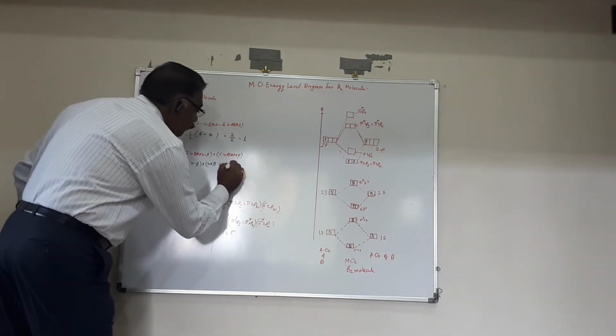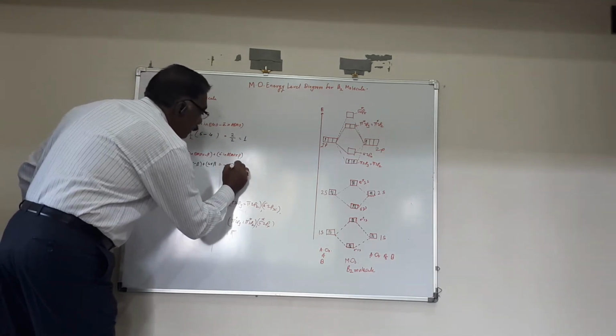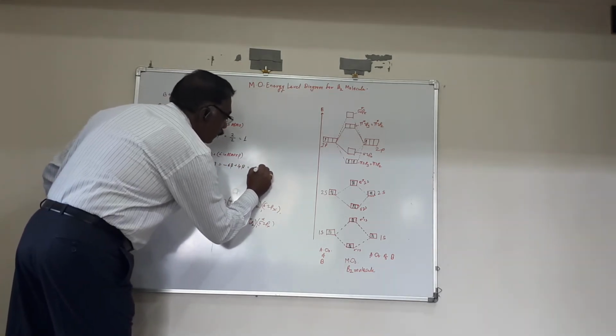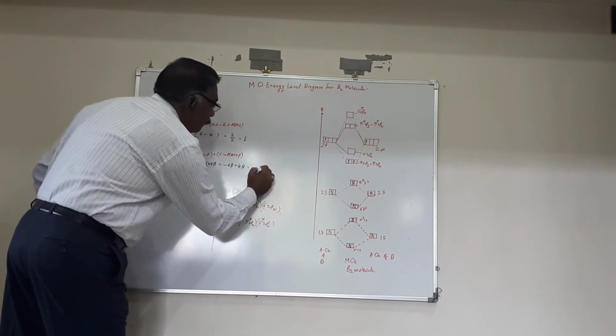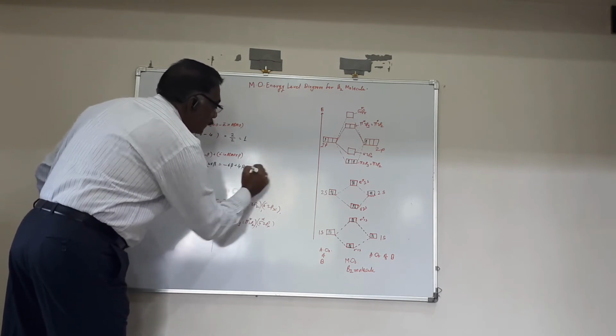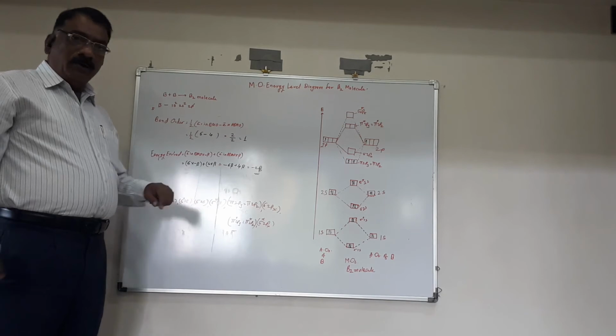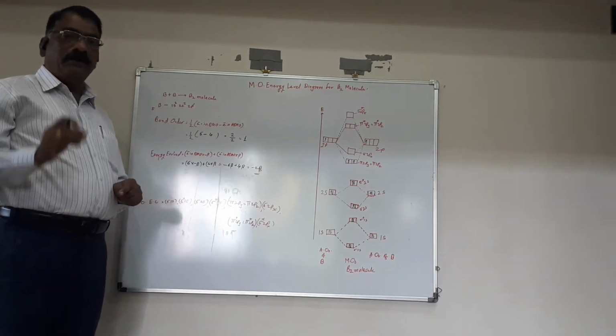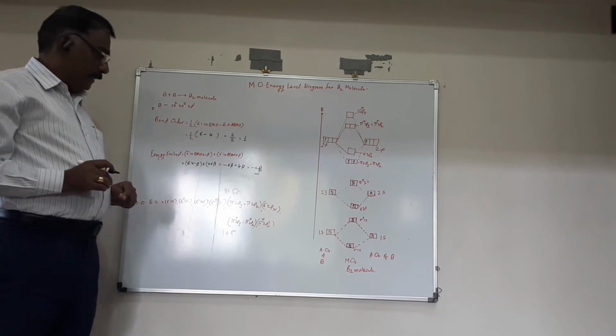That is minus 6 beta plus 4 beta, which equals minus 2 beta. This much amount of energy will be evolved, and the molecule will get stabilized.